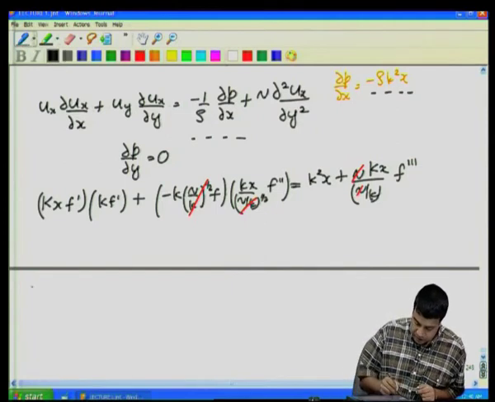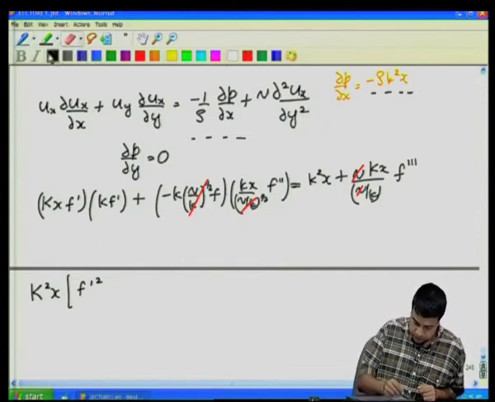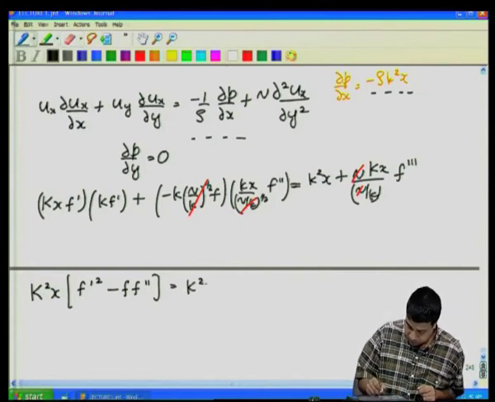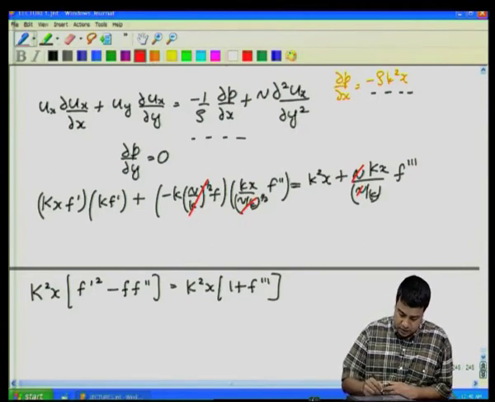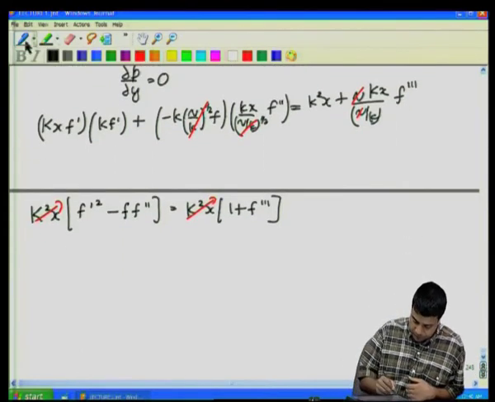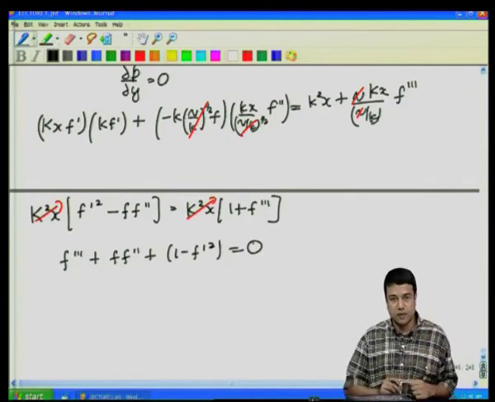So, I finally get an expression which has k square x on each term, f prime square plus, minus, and I can cancel out k square x on both sides, divide throughout, and my boundary layer equation becomes f triple prime plus f f double prime plus 1 minus f prime square is equal to 0.